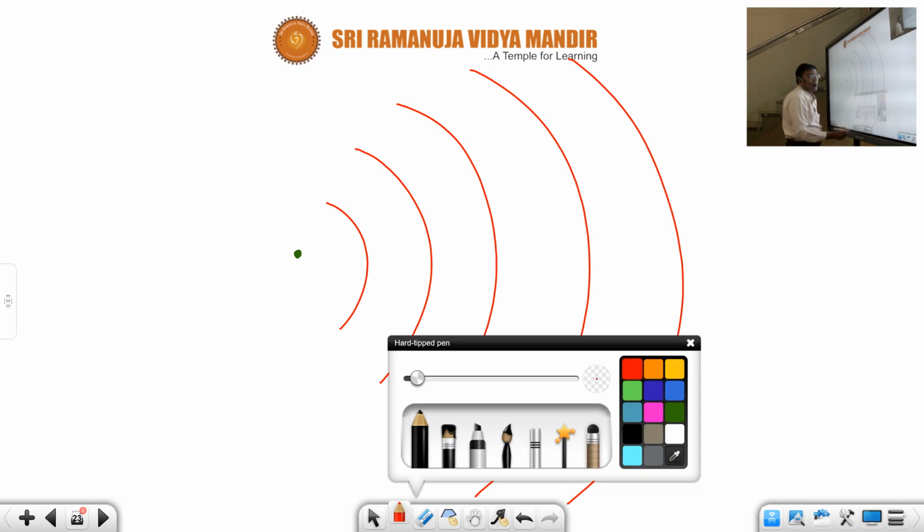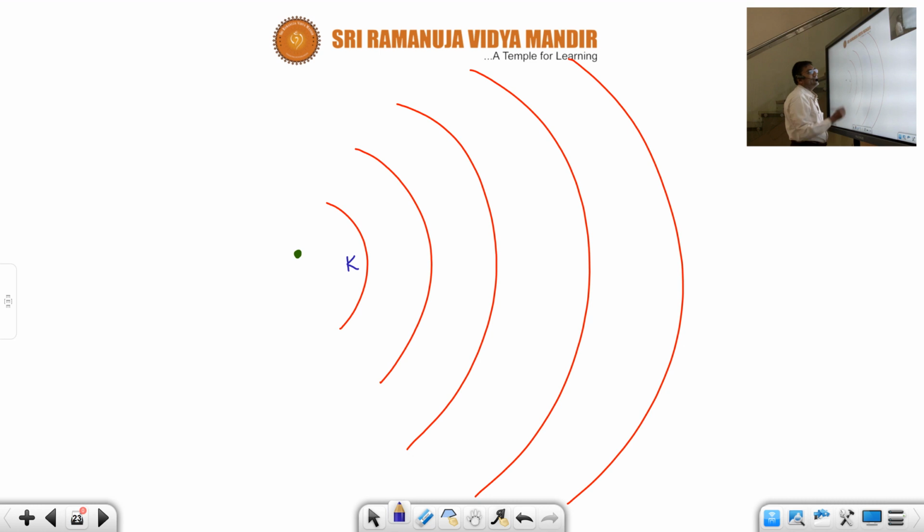The first shell is called the K shell, the second shell is called the L shell, the third is called M, then N and O. Students, try to understand: these are called shells, and a shell is nothing but an orbit. I hope you understood that orbital and orbit are different. This is an orbit. These are orbits.